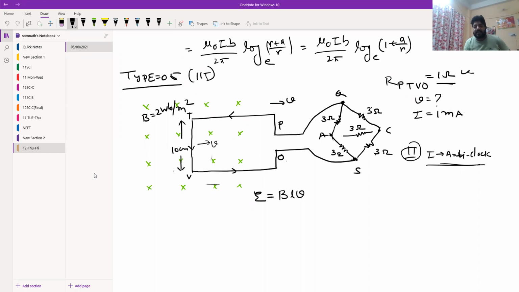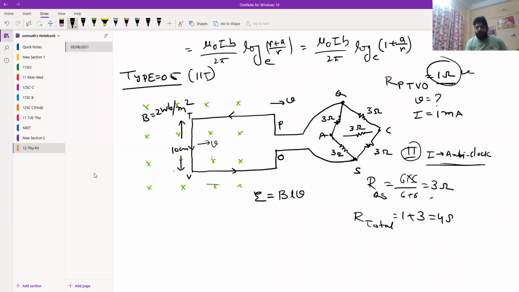So 3 and 6, 3 and 6. The resistance of QS is 6 into 6 by 6 plus 6, that is 3 ohm. So my total resistance is 1 plus 3, that is 4 ohm. The current is induced EMF by resistance. My current is 10 to the power minus 3 ampere, that is 1 milliampere.